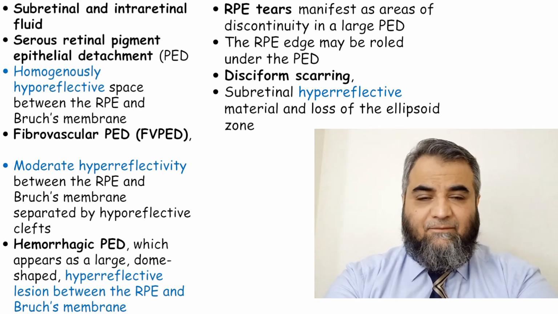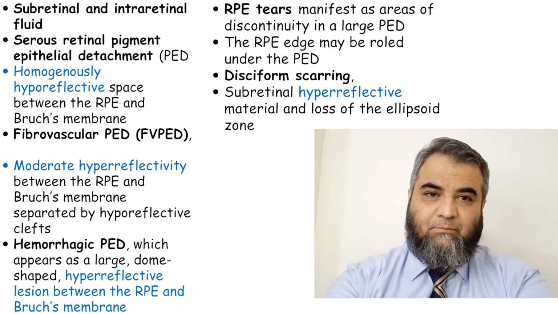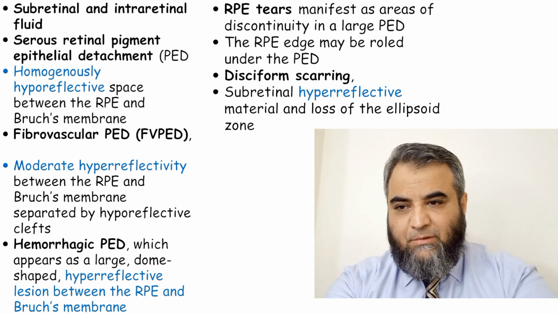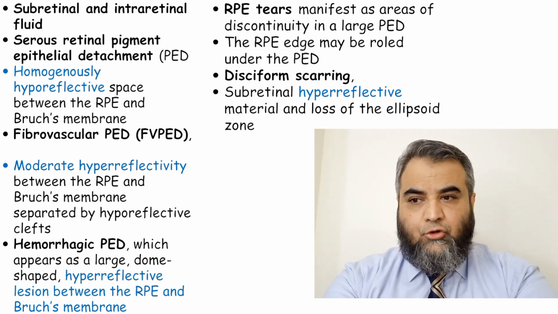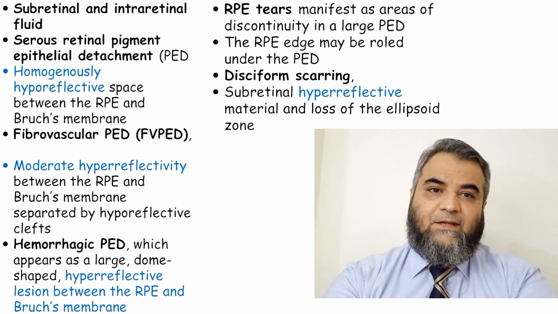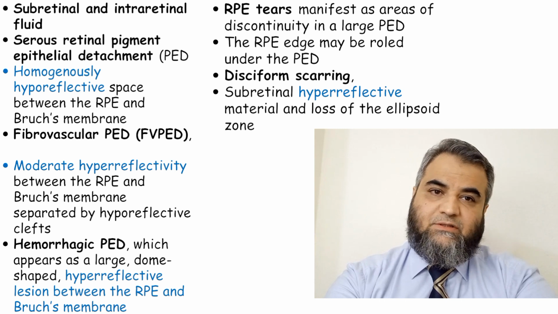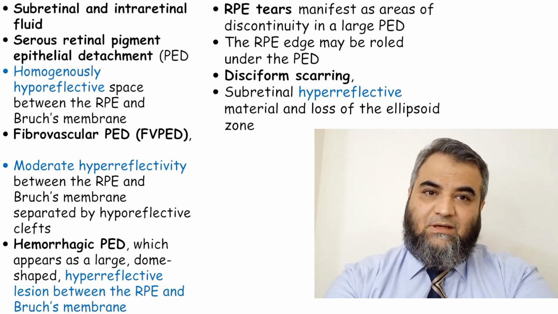If there is hemorrhagic pigment epithelial detachment, then there will be hyperreflectivity between RPE and Bruch's membrane with attenuation of deeper structures. So things keep on changing with the different patterns.